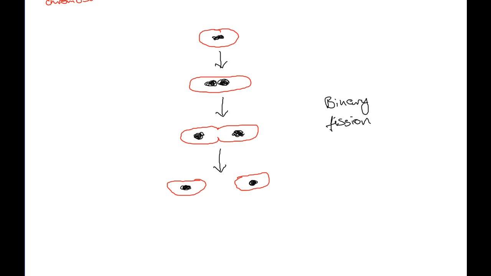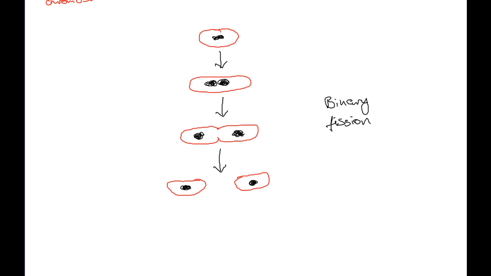When we look at yeast, remember though that yeast undergo mitosis, which is nuclear division first. There's no nuclear division involved with bacteria because there's no nucleus. So prokaryotes don't have this complicated process of mitosis that has to come before cell division. So this is a much more streamlined or simplified way of reproducing.